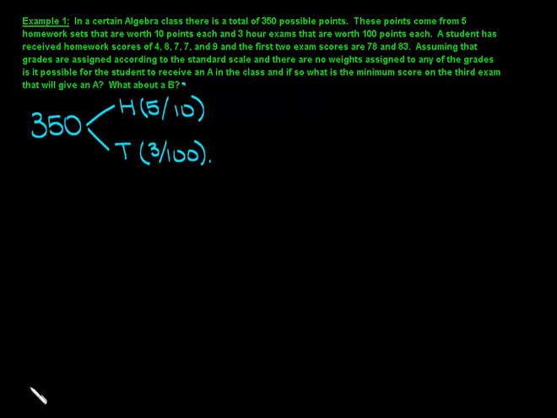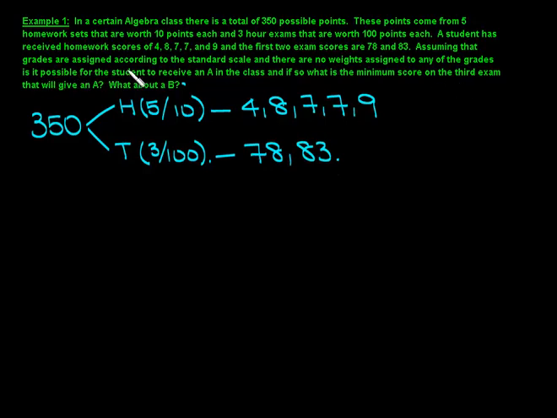Okay, alright. A student has received homework scores of 6, so they've scored 4, 8, 7, 7, and 9 on the homework. Okay, and on the 2 tests they've scored 78 and 83.